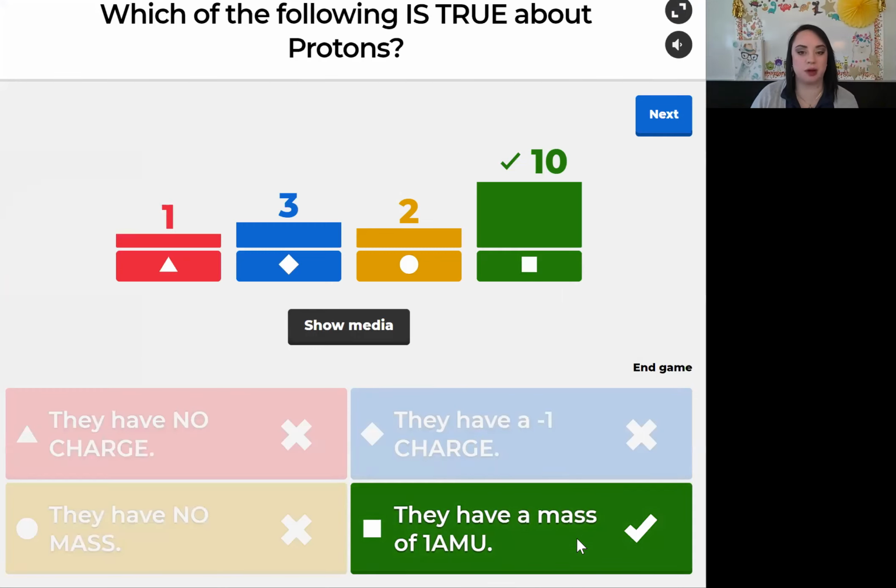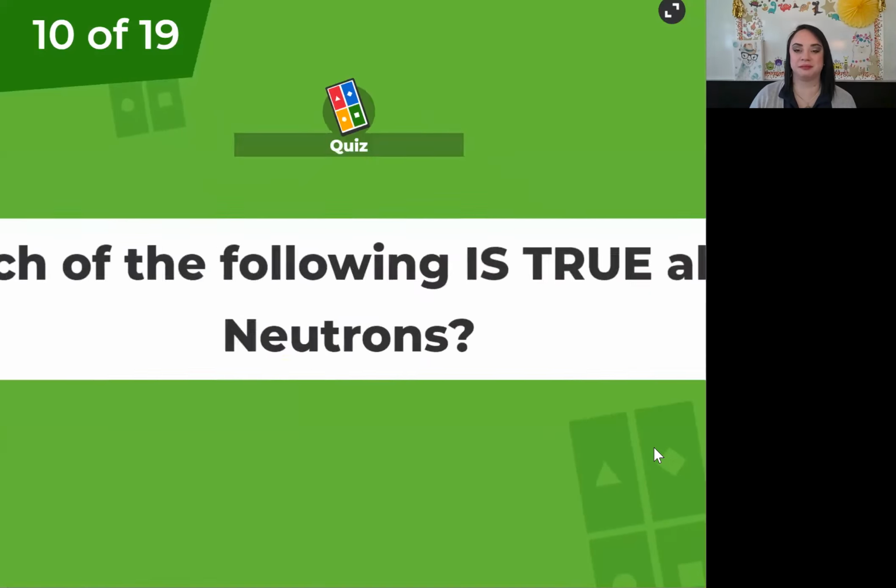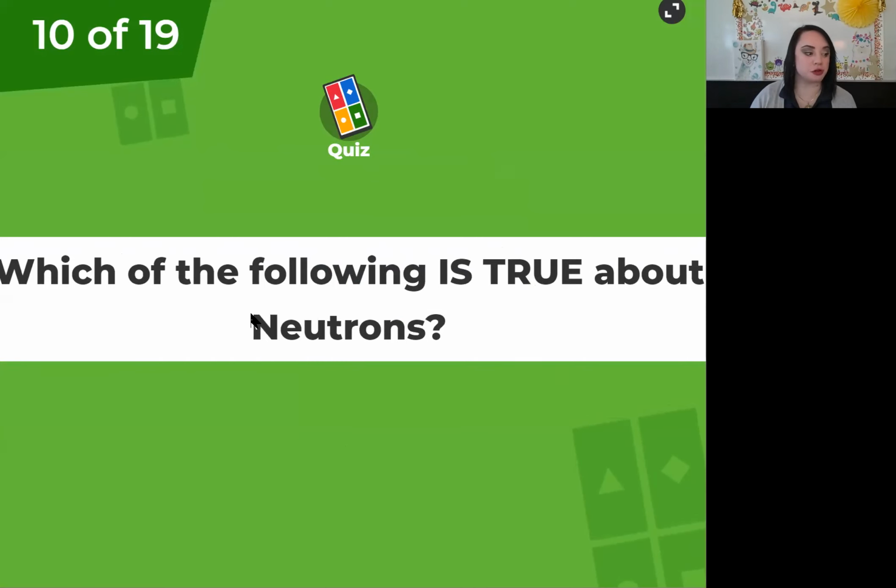They have a mass of 1 atomic mass unit. Remember, their charge is +1. All right, which of the following is true about neutrons?